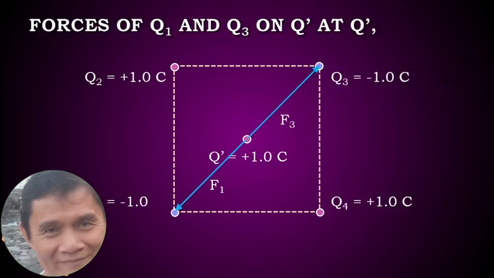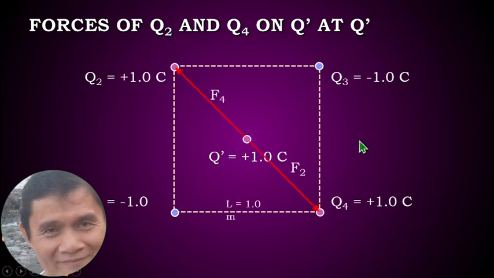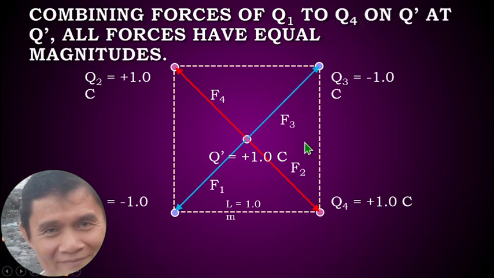Okay. Now, that same magnitude is also the same for Q3. It's also the same with Q2 and with Q4. Now, if you combine all the forces, you come up with all forces that are diagonally set on screen.